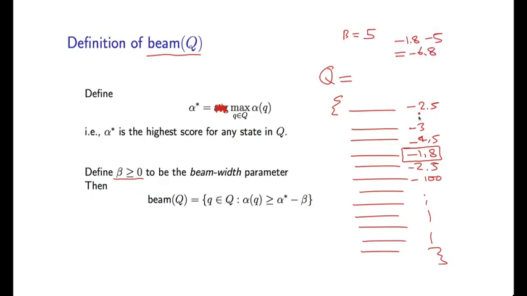And we basically keep any states which have score greater than or equal to this and throw any other states away. So for example, a state with minus 100 would get thrown away, or a state with minus 25 would get thrown away. Okay, so beam is just going to keep all of those items within a certain tolerance of the highest scoring element in that queue. The intuition here is that we can throw away some translations, even before they're complete, as being very suboptimal if they have low scores at this particular state.